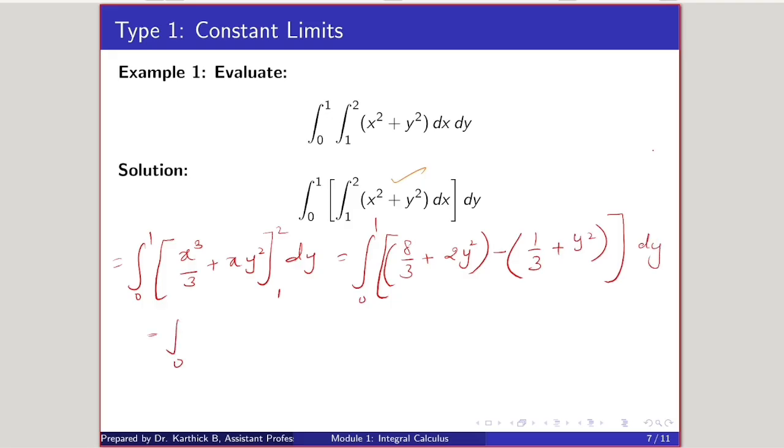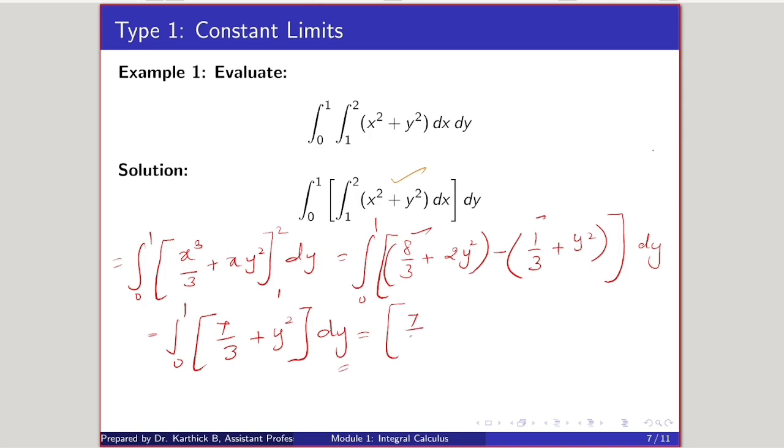If I go for the next step, on simplification, 8 by 3 minus 1 by 3, it will be 7 by 3. Then here we come with y square, then dy. So this is our outer integral. We have to evaluate it with respect to the variable y.